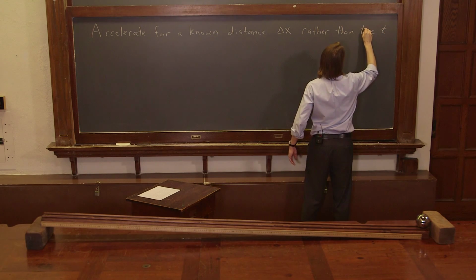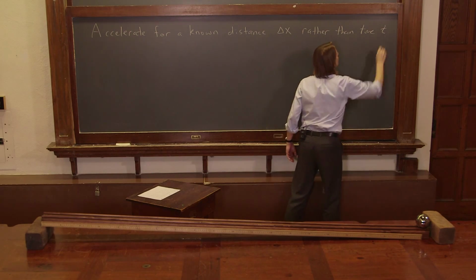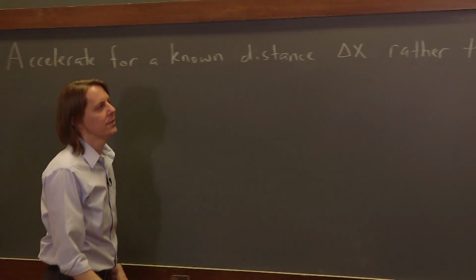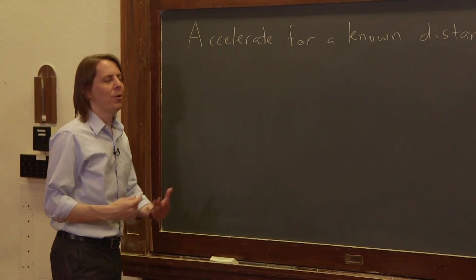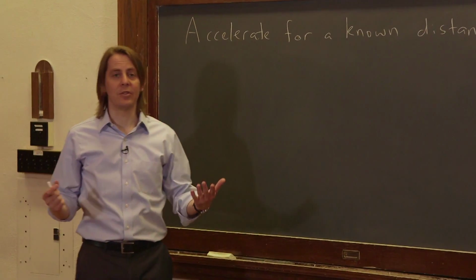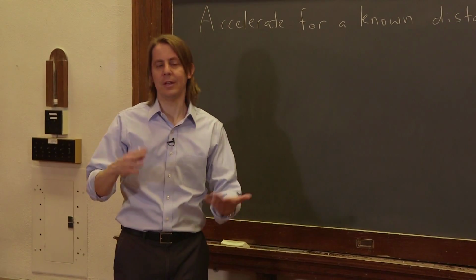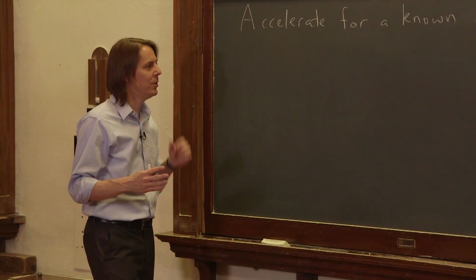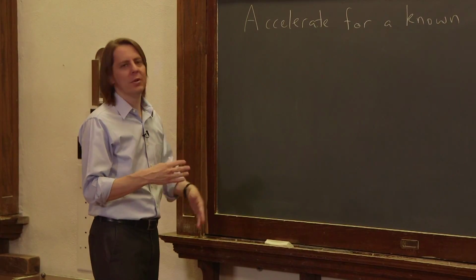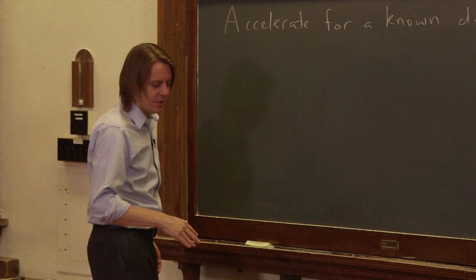Or we could say delta t, but as I said, delta t is sort of redundant. So if you accelerate, a problem might say something accelerates as it falls 10 meters and ask some questions. And you think, well, I don't have t, what do I do? So we're going to look at how you get rid of t, and what equation do you end up with?